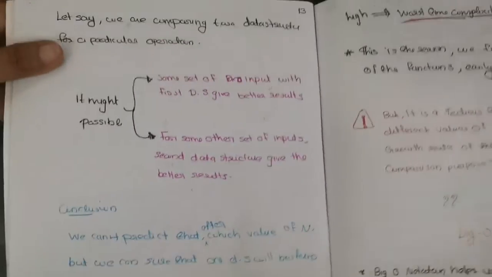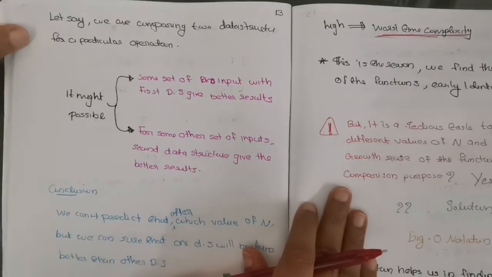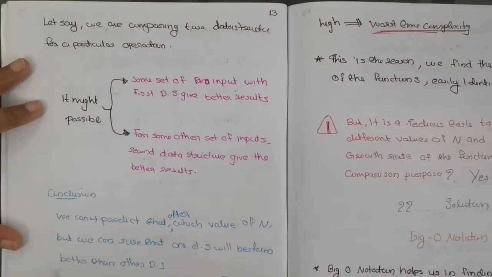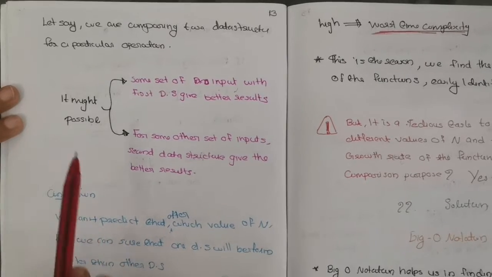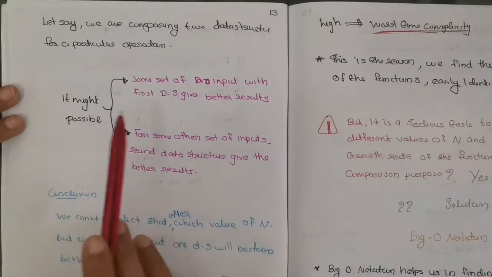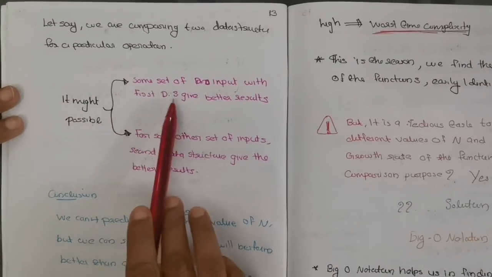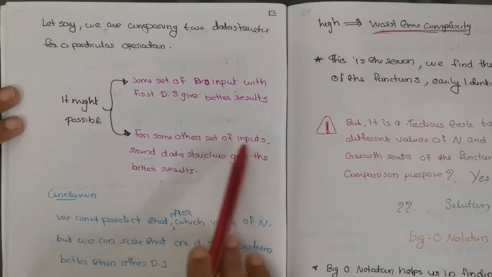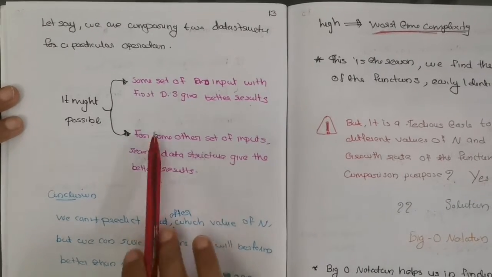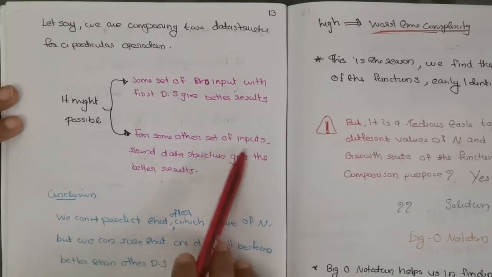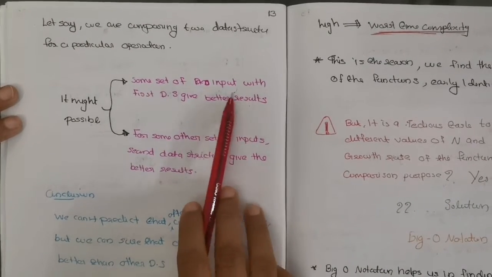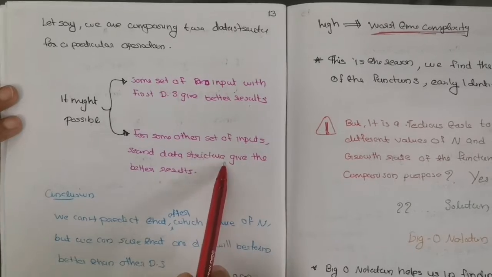You can see here, let's say we are comparing two data structures in a particular operation. It might be possible that for some set of inputs the first data structure gives the better result, and for some other set of inputs the second data structure gives the better result. For example, take array and linked list.